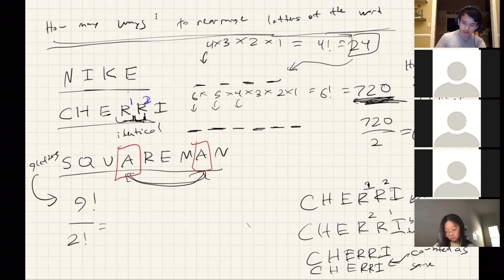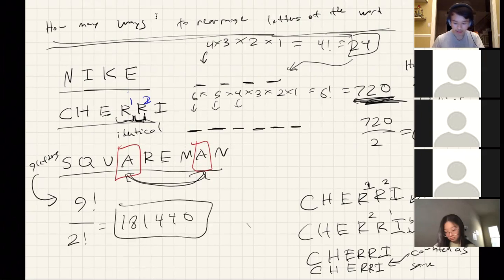So this should come out to be 181,440, if I'm correct. That's the number of ways to rearrange the letters of the word square man, where the A's are counted as identical.